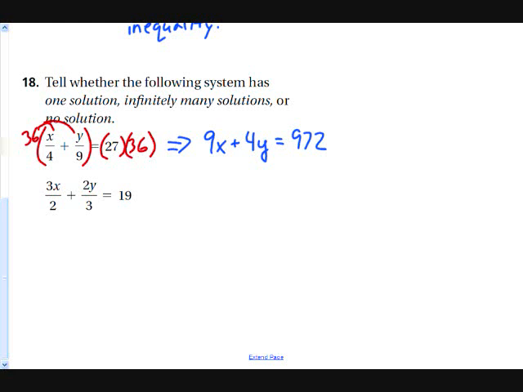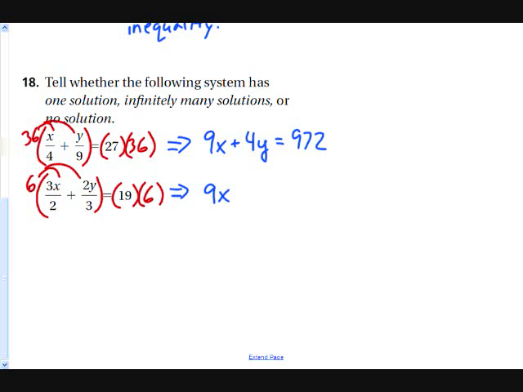And now I'm going to do the same thing with the other equation. I'm going to multiply through by the common denominator. Here the common denominator is 6, so I'm going to multiply each side by 6 and rewrite this. So now over here again, if I distribute the 6, that's going to give me an 18x over 2, which is going to be a 9x.